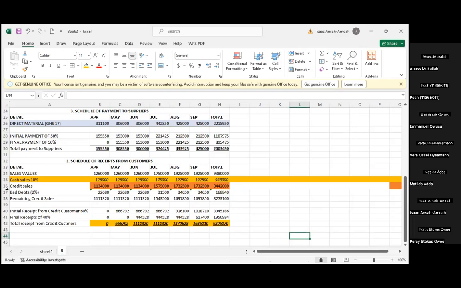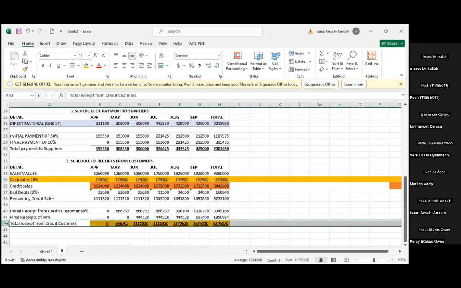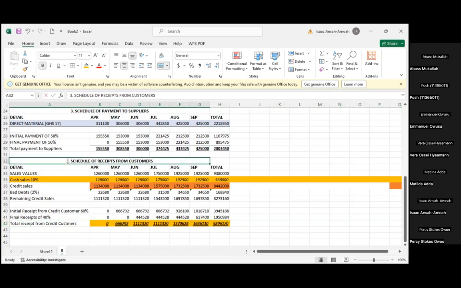So what I'm trying to say is that we can just report this as a receipt in the cash book, and then we will report this also there as a receipt in the cash book, so that at least you can see that all your cash sales is coming in this form, all your credit sales is also coming in this form. However, you could also add the two from this level, present the total there, and take the total to the cash budget. So whichever way works. Right. Okay. All right. Now we can do the cash budget.